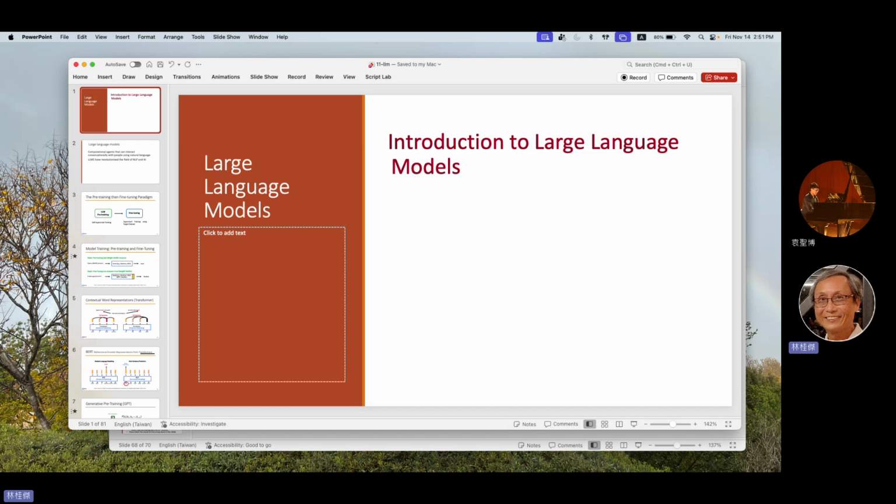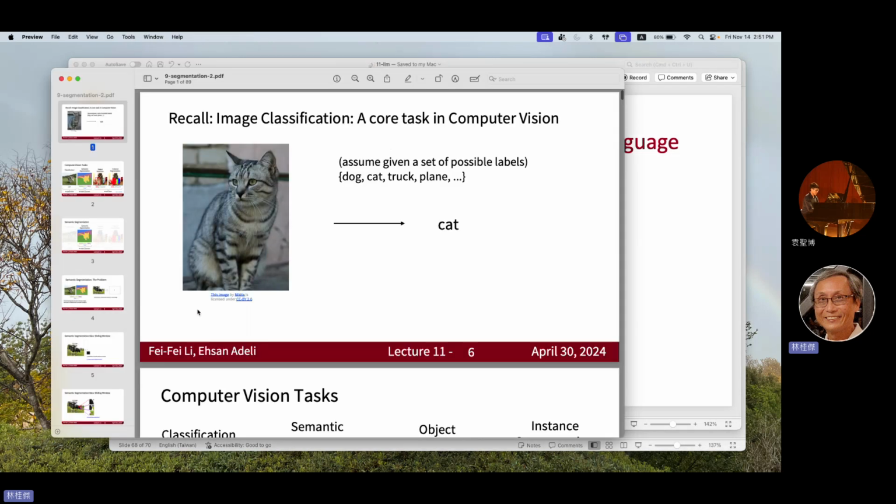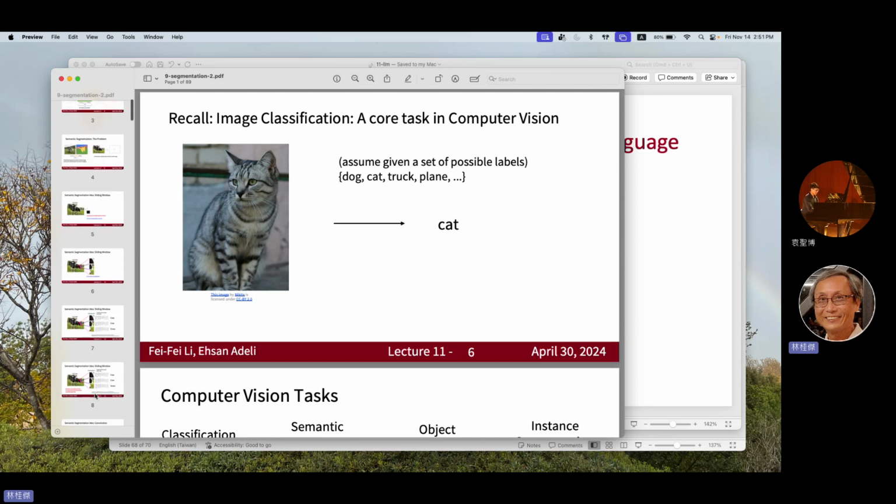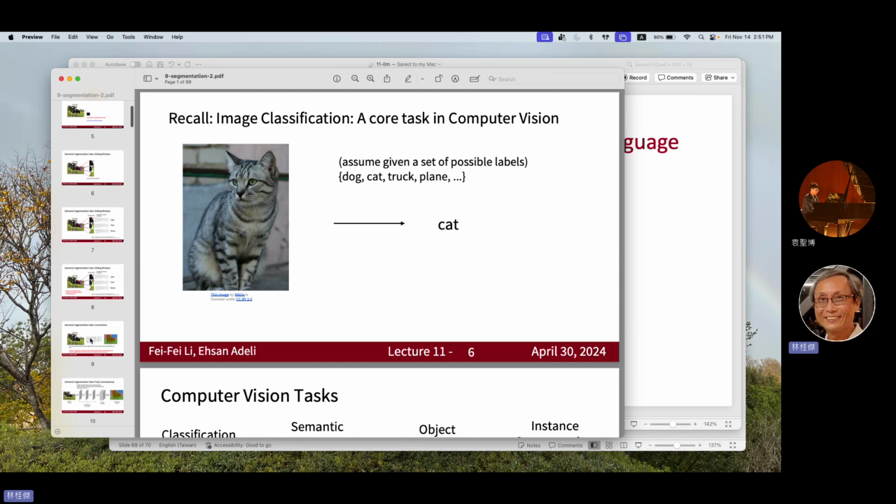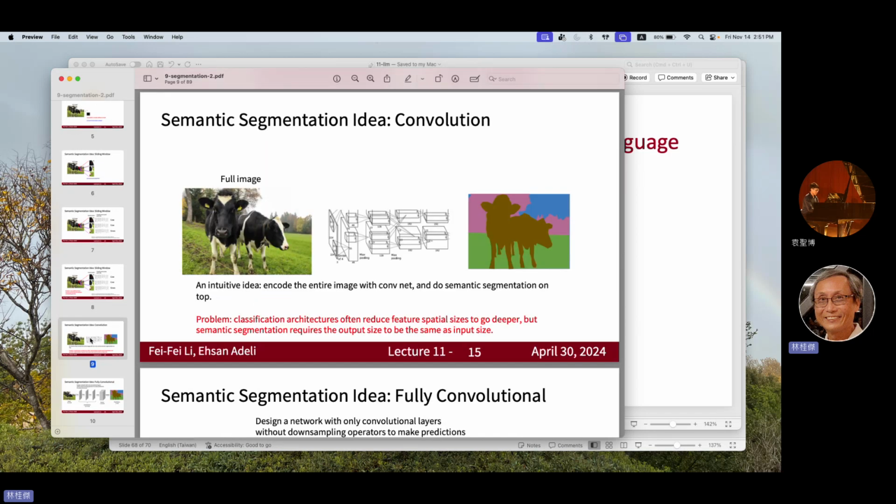Okay, large language models. So again, just like whenever we are talking about machine learning, the first thing is that you have your original input, and then you go through some encoding. For computer vision you're encoding into some pixels, but then you go through the convolutional neural network to try to find some segmentation.